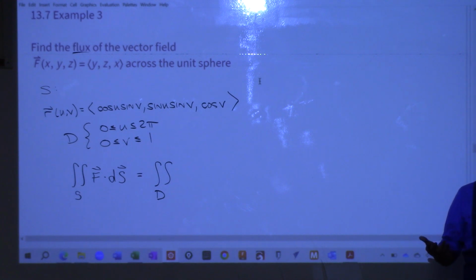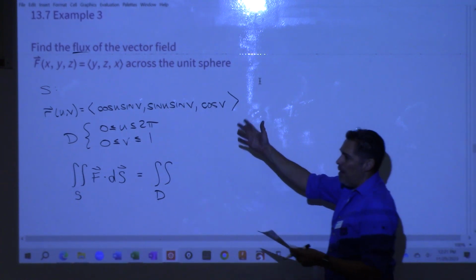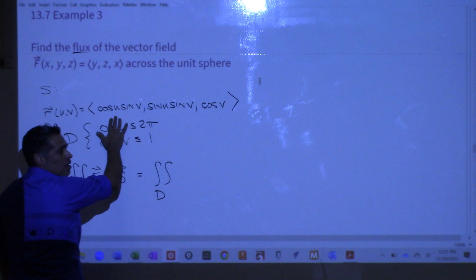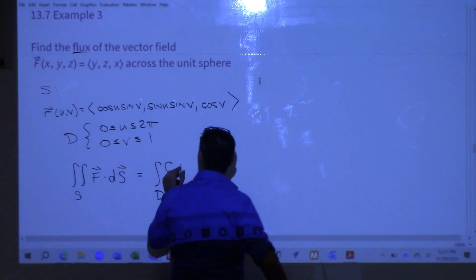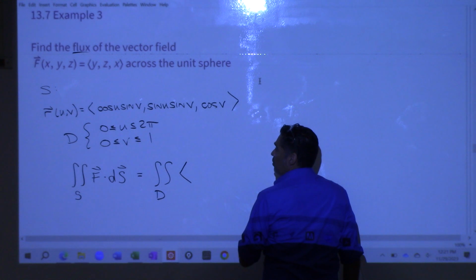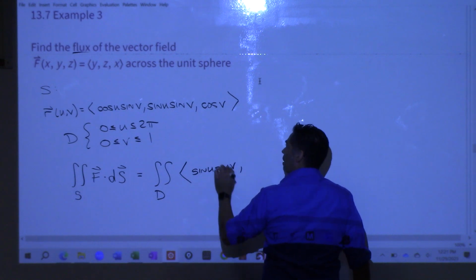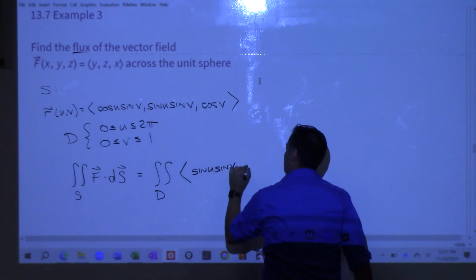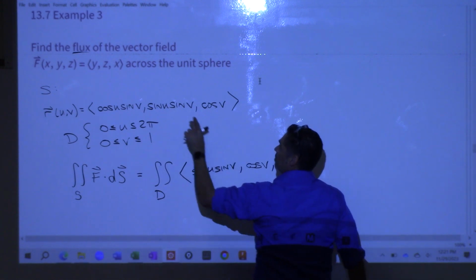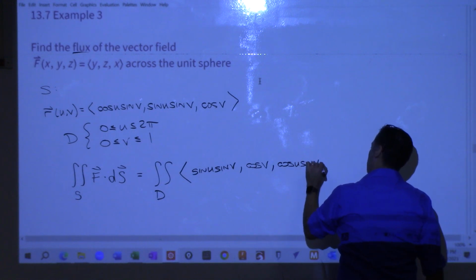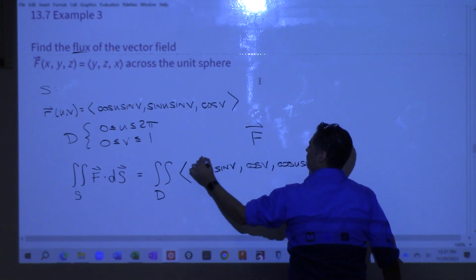What does that really mean? Capital F by itself. It's just the original field, but evaluated where? On r. So that means I'm going to have a vector. It's going to be the vector with y, what's y for us? Sine u sine v, comma, now z, what's z for us? Cosine v. And then what's x for us is cosine u sine v, sorry. Okay, that is F right here.